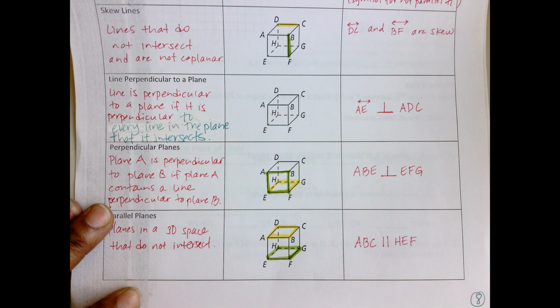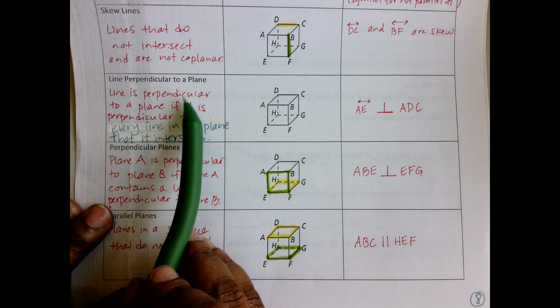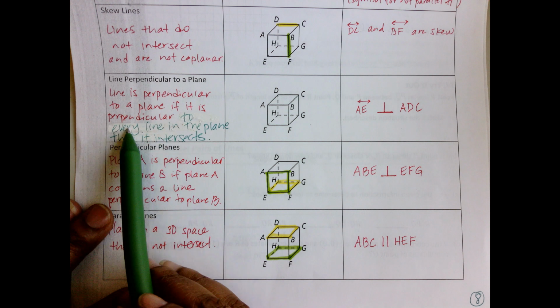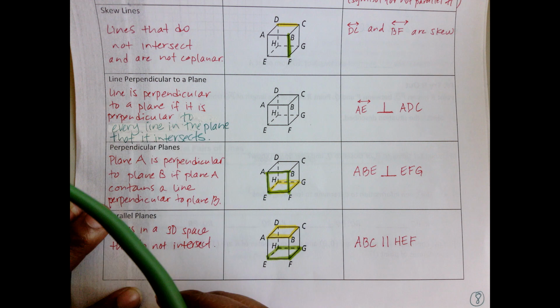All right, so you're going to fill that in. An example of that, and again, let me repeat it. A line is perpendicular to a plane if it is perpendicular to every line in the plane that it intersects.